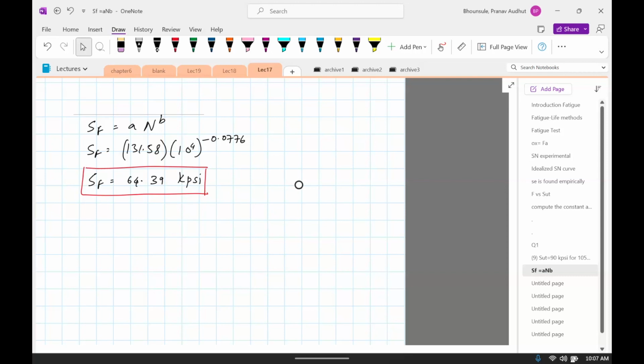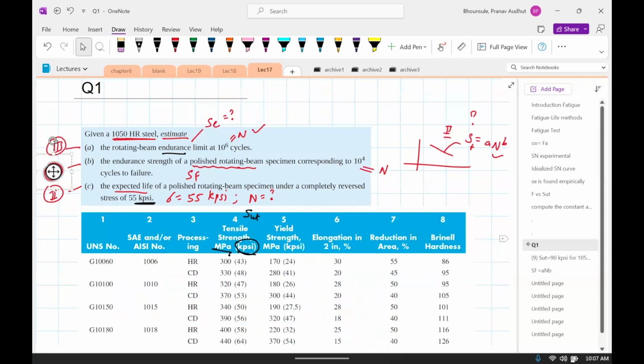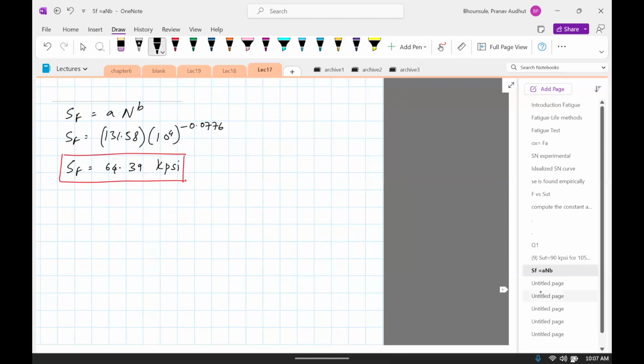Okay, and one more question to go. That is the expected life of a polished specimen under a loading of sigma equals 55 kpsi. So we need to compute n. So use the same formula as before: SF equals sigma equals A n raised to B. Sigma is given as 55. A is known, it's 131.58. n is unknown.